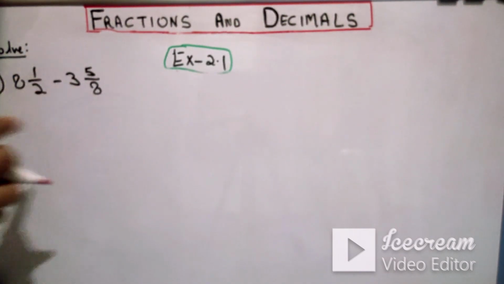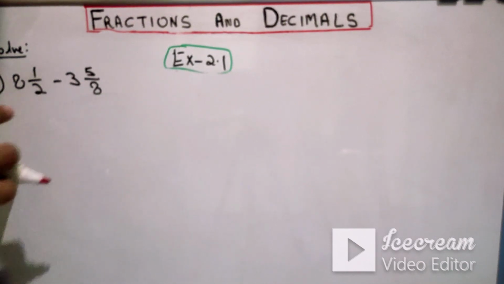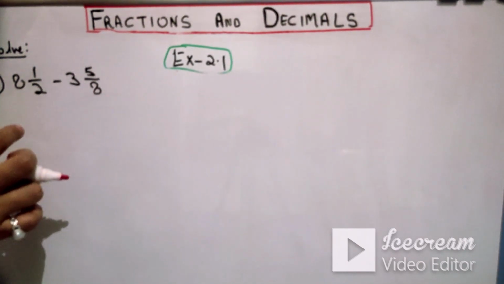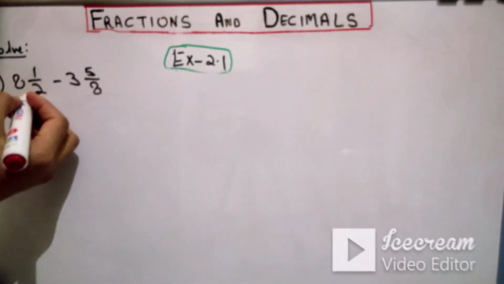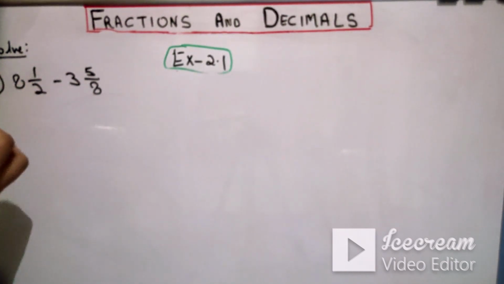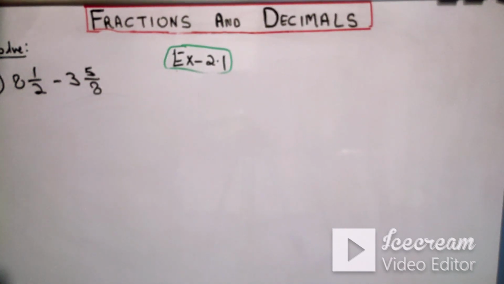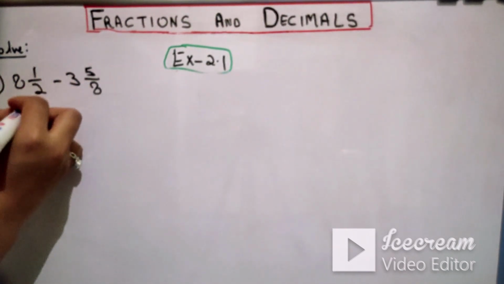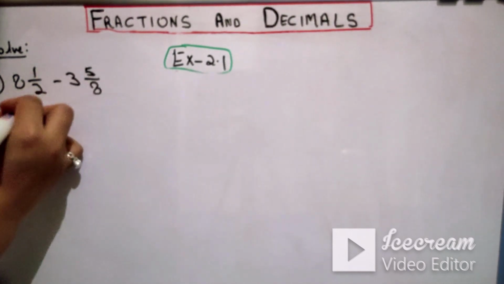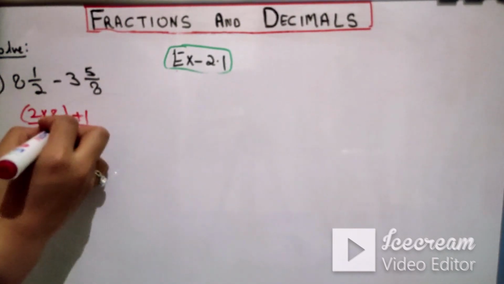Now we know this is a mixed fraction, and we have to convert it into an improper fraction. So how will we do that? We will multiply 2 by 8, and whatever answer we get, we will add 1 to it. I am writing it in full for the first time for you; from the next question I will not write it out. So 2 into 8 is 16, then plus 1, by 2.